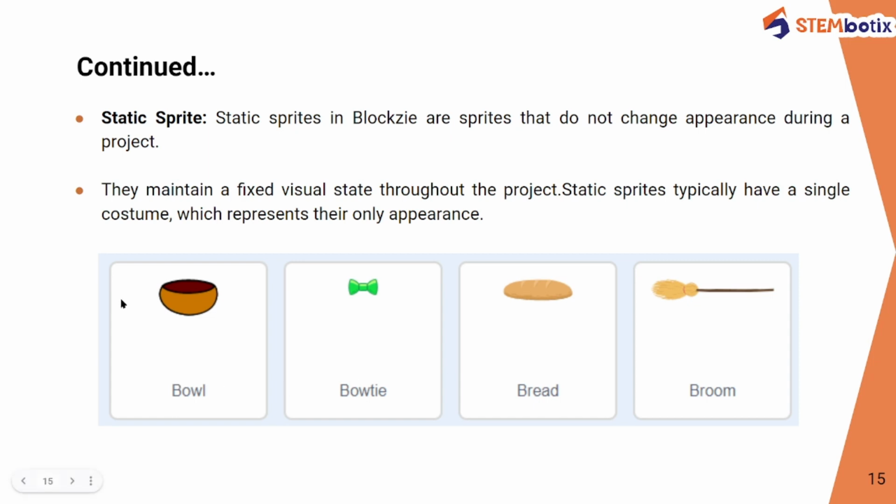These will be the same throughout your project, so they maintain a fixed visual state. Static sprites typically have a single costume which represents the only appearance. Means they cannot change their appearance in the project at any point of time. So these are some examples of the static sprites available in Blockzie.